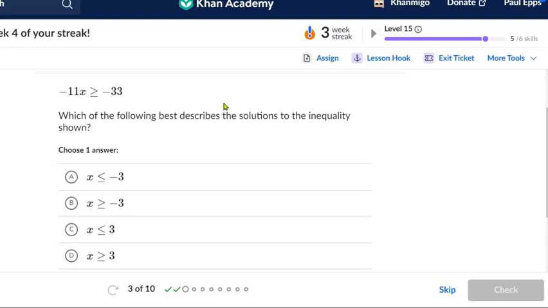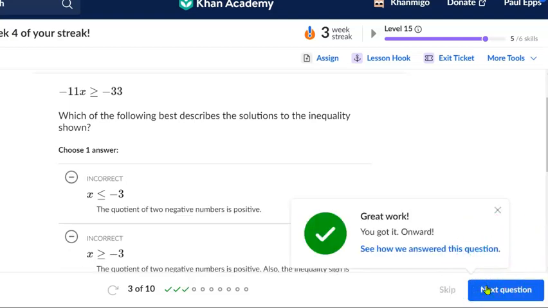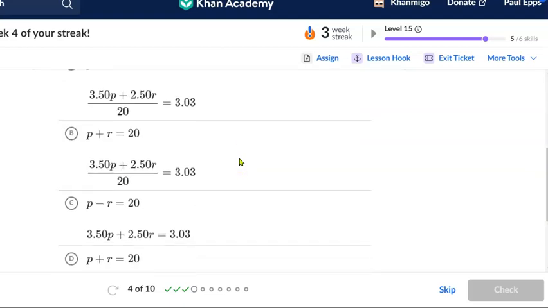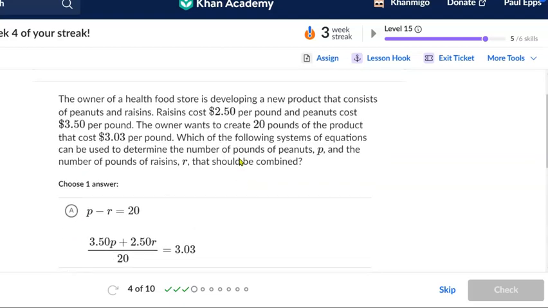But if you divide by a negative number in an inequality, you have to flip the inequality sign. So what we're going to get is x is less than or equal to 3, right here. What is all this? Okay.